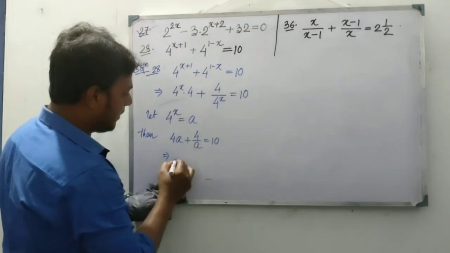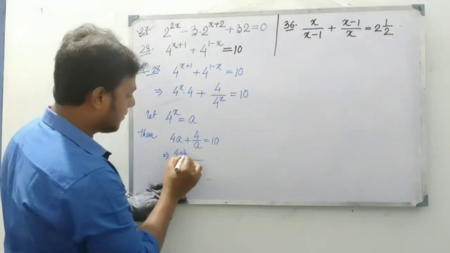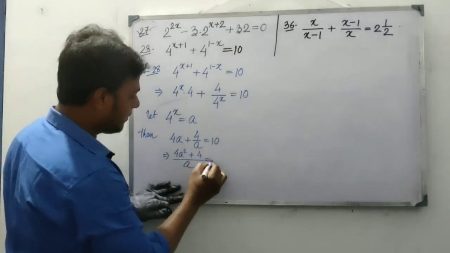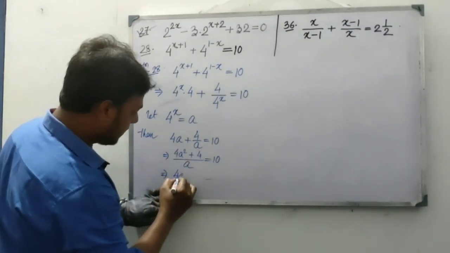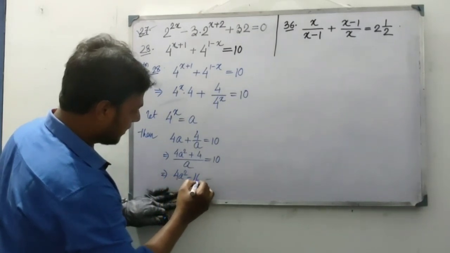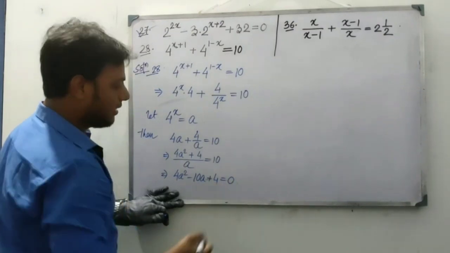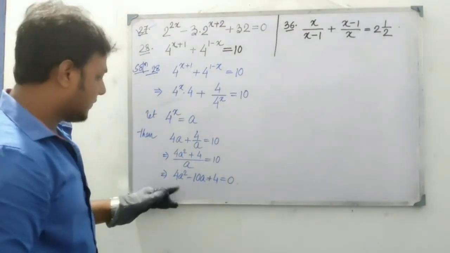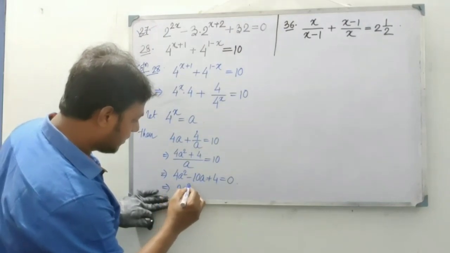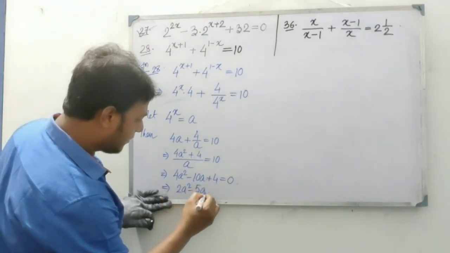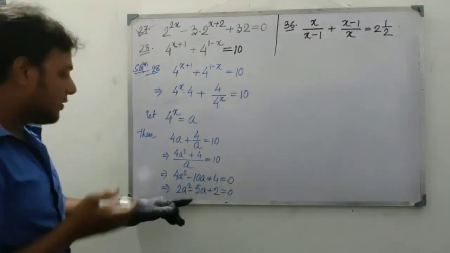Now take LCM, then it will be 4a square plus 4 equals 10a, which implies 4a square minus 10a plus 4 equals 0. I have jumped a step. If we divide by 2, then it will be 2a square minus 5a plus 2 equals 0. Okay, so now you can solve.